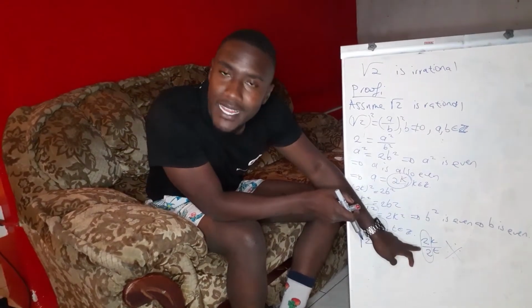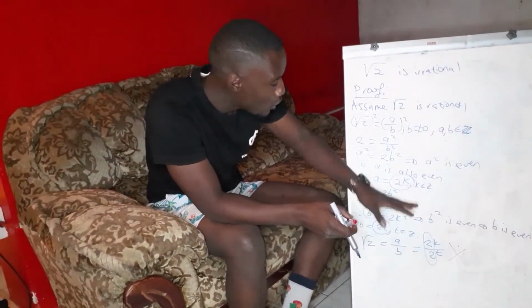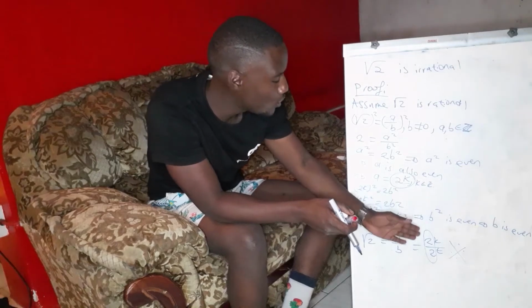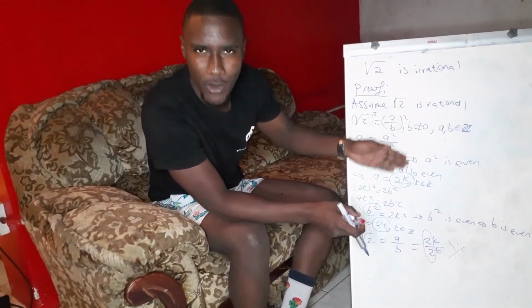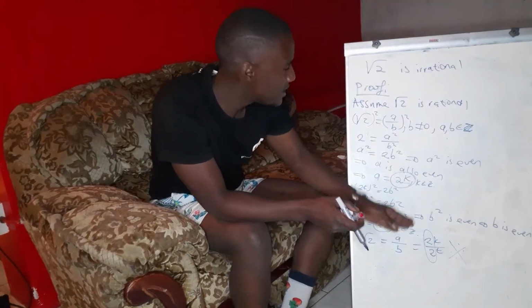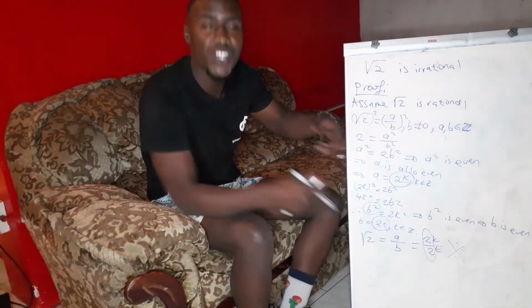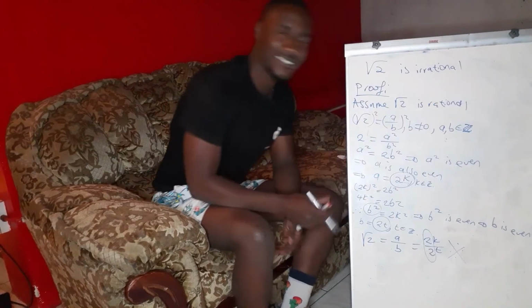So if this has a factor in common other than 1, which is 2, then it contradicts our condition of co-primeness, which means there's no way this can be rational, which makes it irrational.